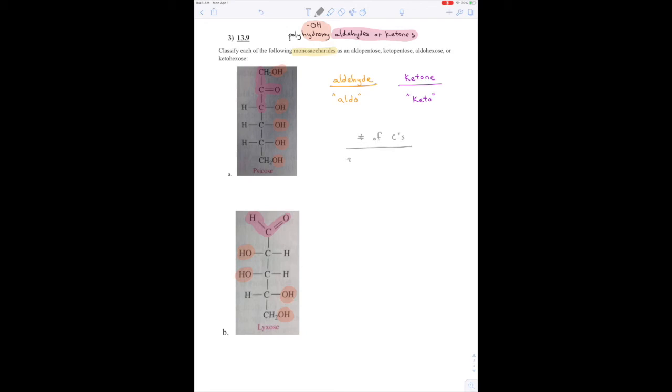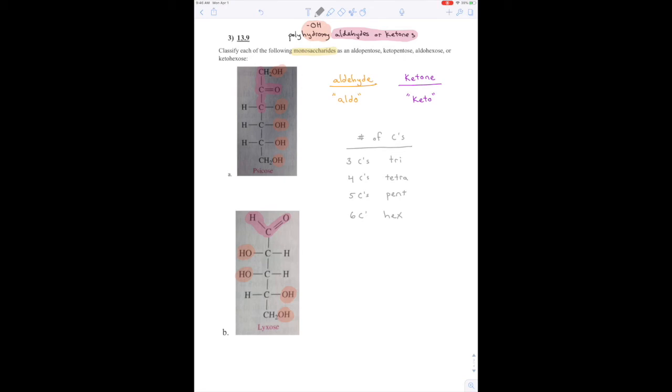If you have 3 carbons, then it's going to be given a tri- infix. If it's 4, it'll be tetra. If it's 5, it'll be pent. If it's 6, it'll be hex, and so on. Now, the most common ones here are the 5 and 6 carbons, pent and hex.